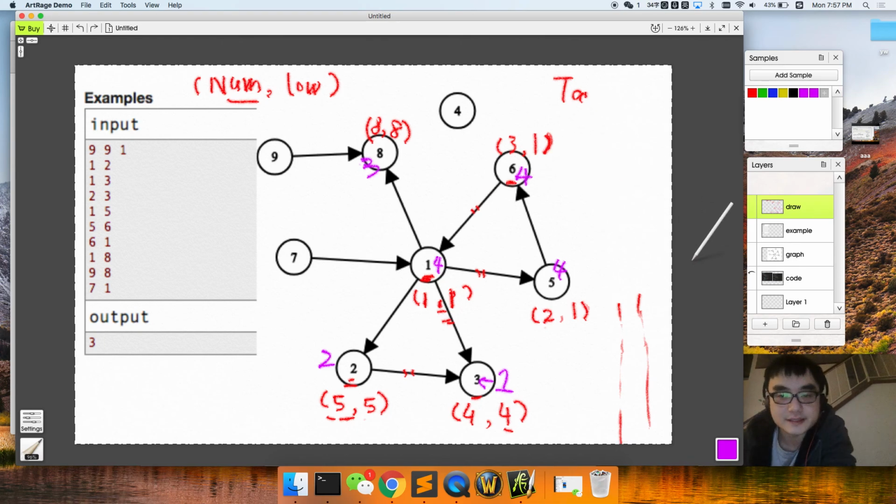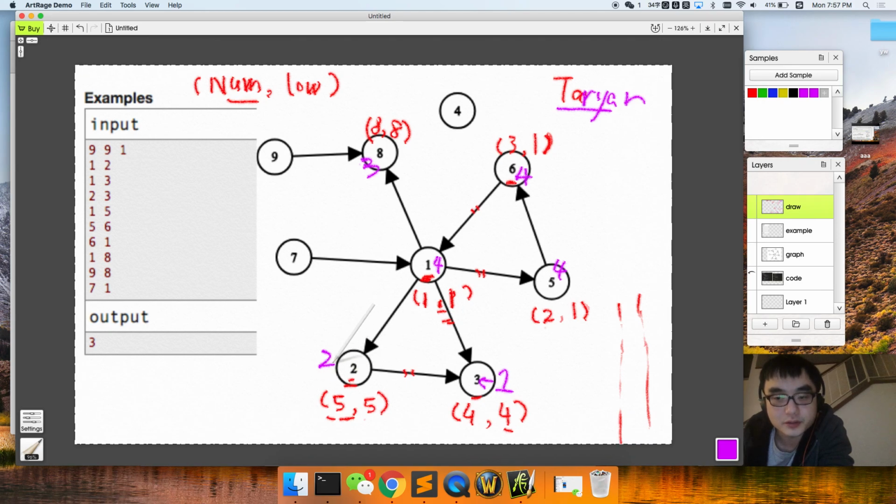So that is the Tarjan algorithm. Now we find all the SCC indices for these guys, and we are going to run the Tarjan algorithm on all of those nodes, right? So we move on to node 2.